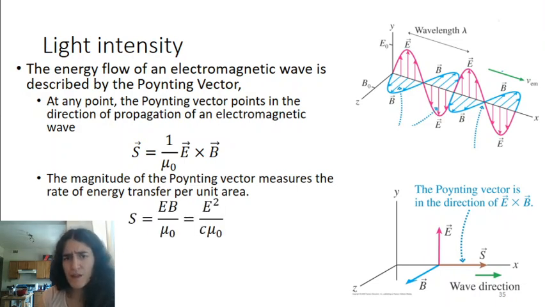Okay, turns out that this Poynting vector is a measurement of the energy transferred per unit area. So since electric field is always perpendicular to magnetic field, I don't need to write this in terms of sine times an angle. It's just equal to the magnitude of each. And then we also know that electric field is equal to magnetic field times C. Or actually, here it looks like I did this wrong.